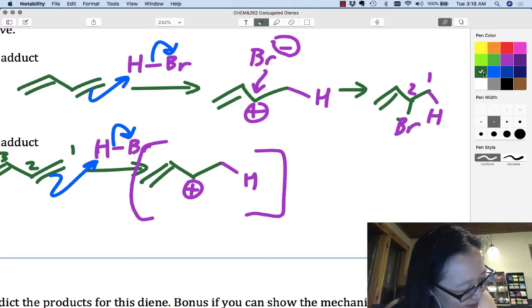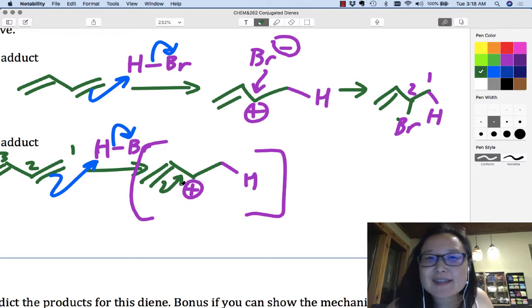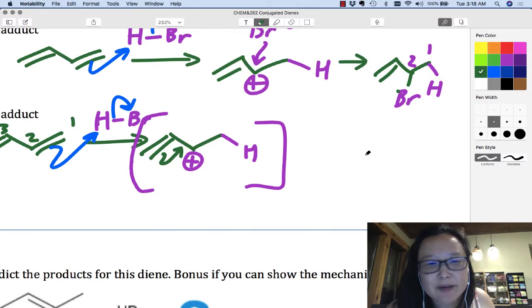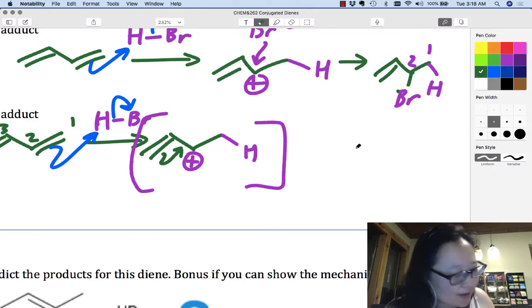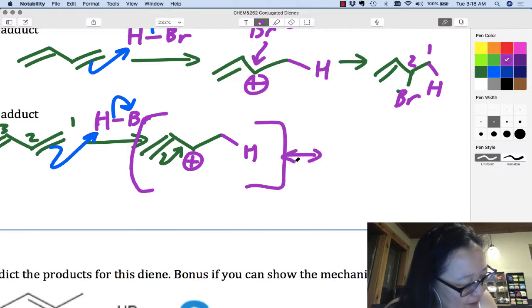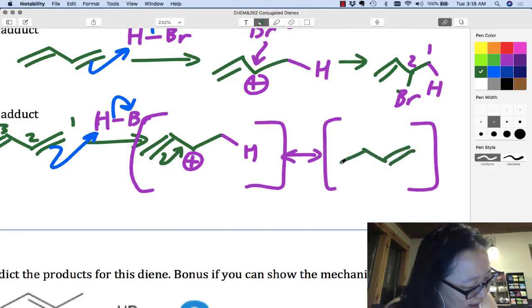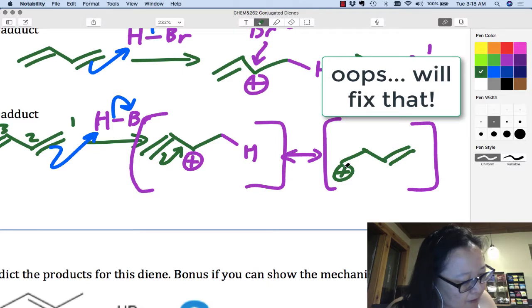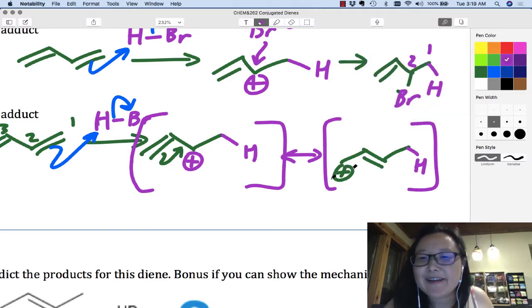So at this stage, maybe some of you see the resonance structure that would occur, but that would put a positive charge here. Now, two schools of thought here. One is you could have resonance there because this is allylic stabilized, right? So we have not just any kind of primary carbocation, this is allylic primary because it's next to a double bond. There we go, I fixed it.